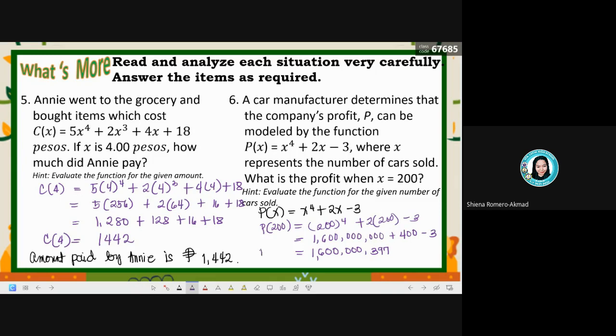Okay, so that is the amount or the profit of the company. Okay, so this will be our answer. The company's profit modeled by the function is 1,600,000,397. So I think that's this is million, this is billion, and I think that's trillion. Okay.